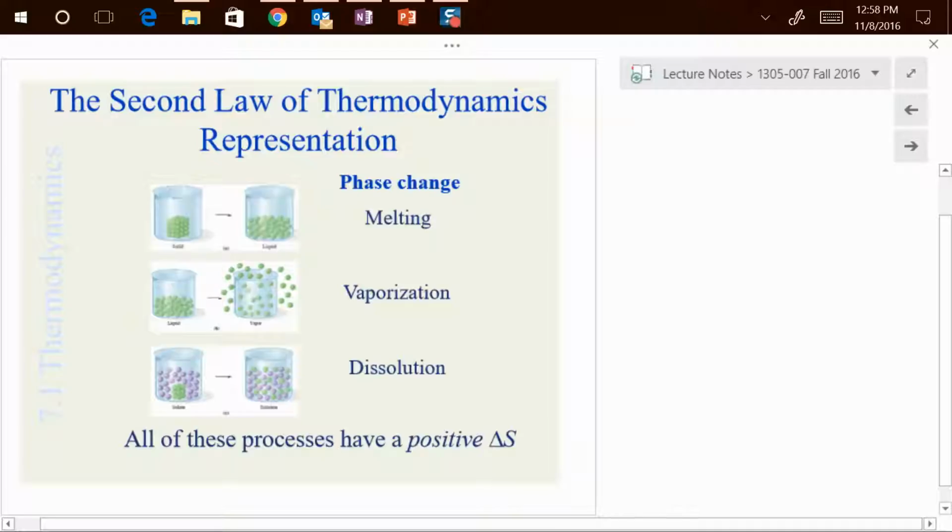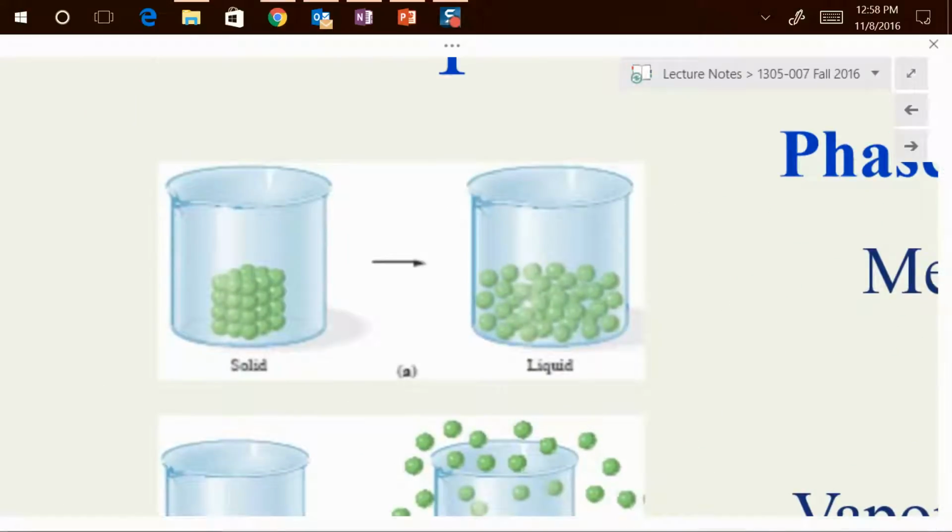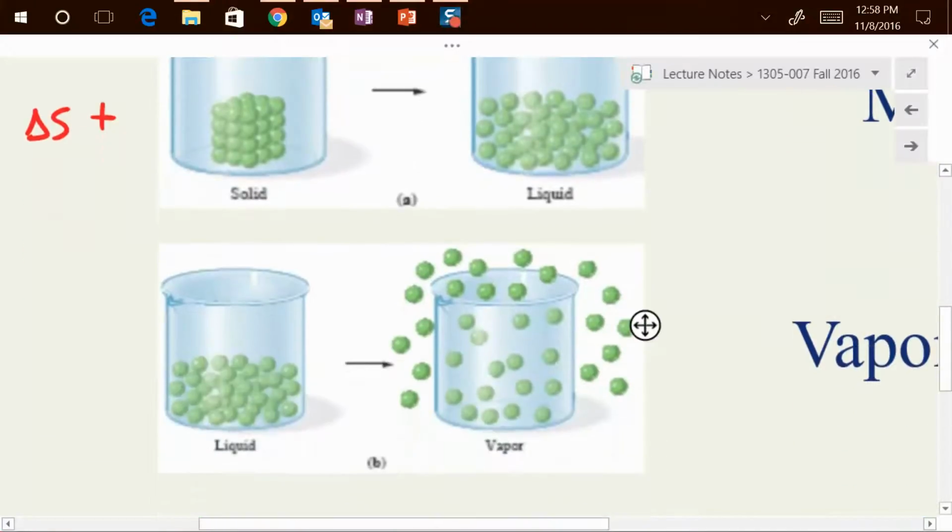Okay? Here we have some phase changes. Can't see it very well. Okay? So we're going from a solid to a liquid. So it's melting. Is that an increase or decrease in the entropy? Delta S is positive because it's becoming more disordered. Okay?